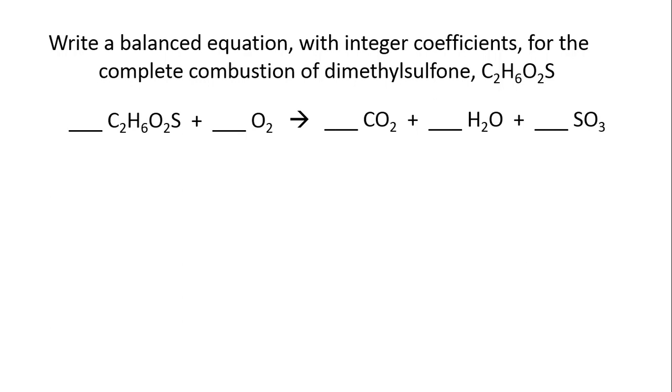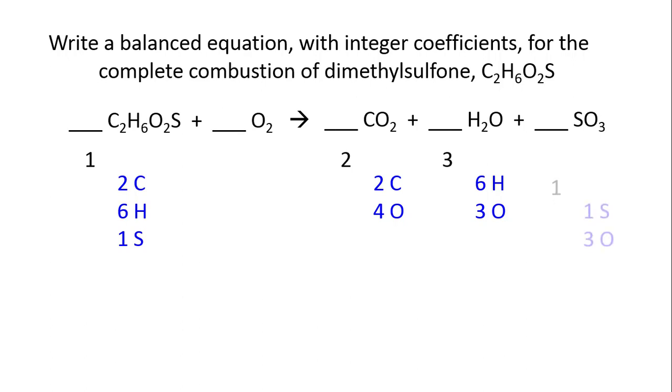As before, we'll balance oxygen last and start by assuming 1 mole of C2H6O2S. The 2 carbons would need 2 moles of CO2 on the right to balance the carbons. In order to balance the 6 hydrogens, we would need 3 moles of water. 1 sulfur on the left would result in 1 mole of SO3 on the right.